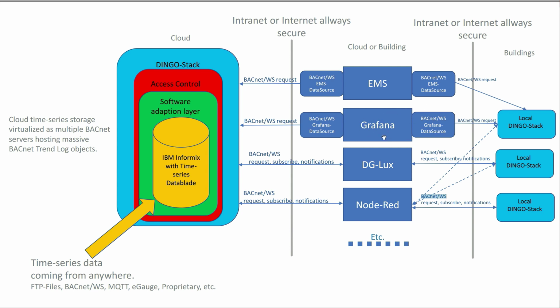Grafana, for example, is a free graphing tool for energy management or whatever you are doing. There, to make this simple, we have created a BACnet web services Grafana data source. So it's very easy to adapt Grafana to whatever BACnet web services data we have on this side.